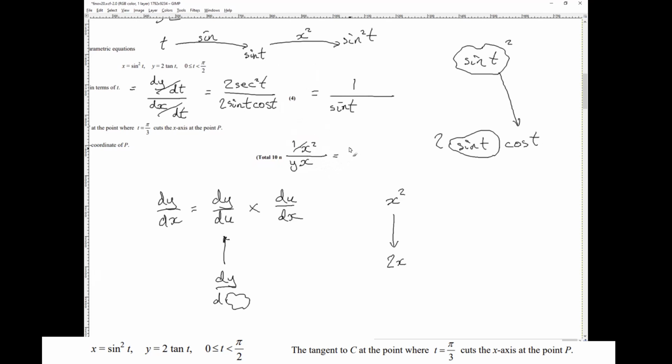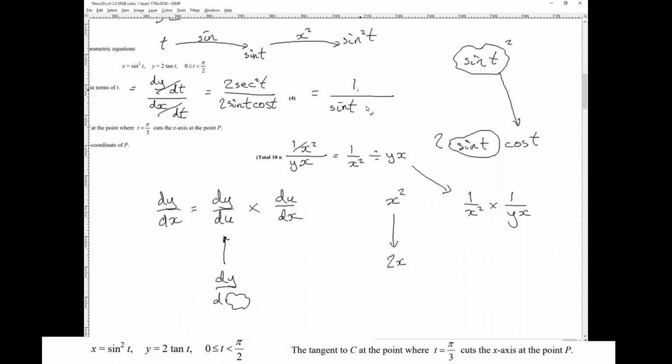I think it would be 1 over x squared times yx. Okay, which is like 1 over x squared times 1 over yx. So then it would be x cubed y. Do you see how this is a bit similar?